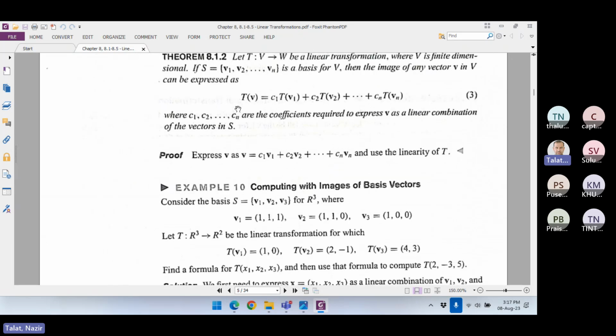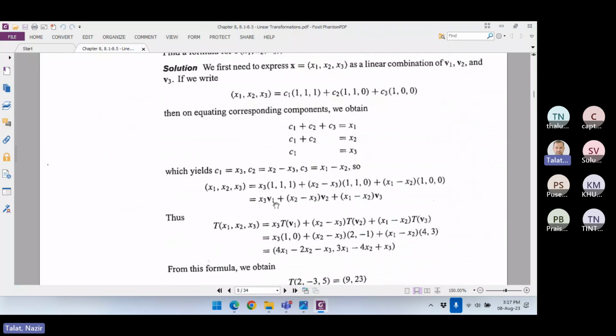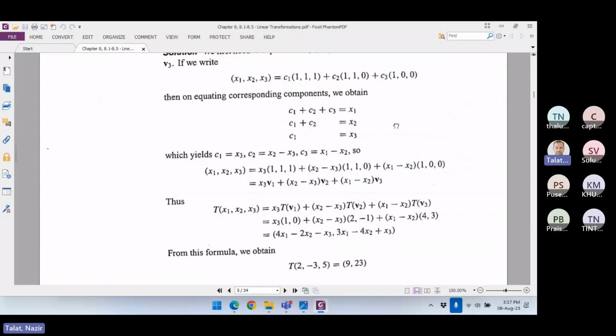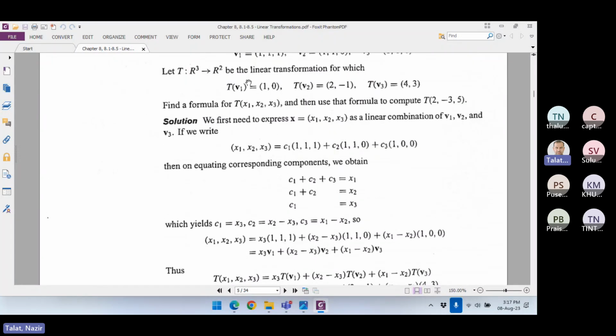So x3 comes out, x2 - x3 comes out, and also x1 - x2 comes out with T of v3, because we applied T on both sides. Now we know that T of v1 is already given as (1, 0).